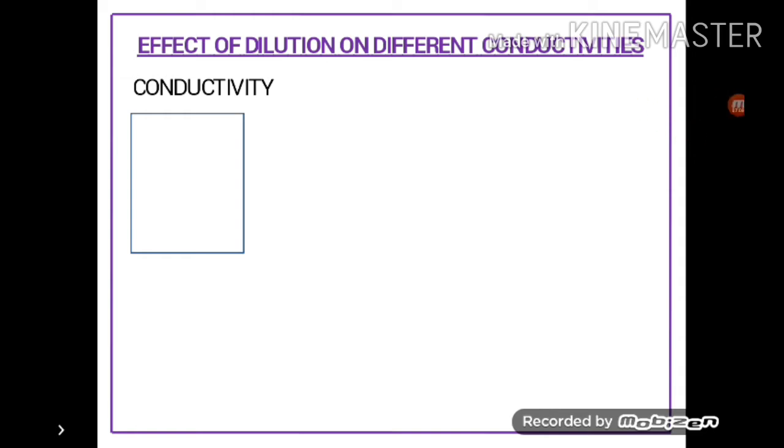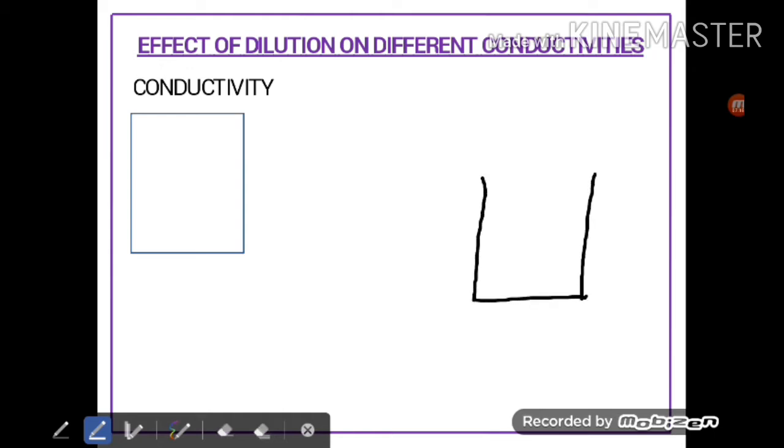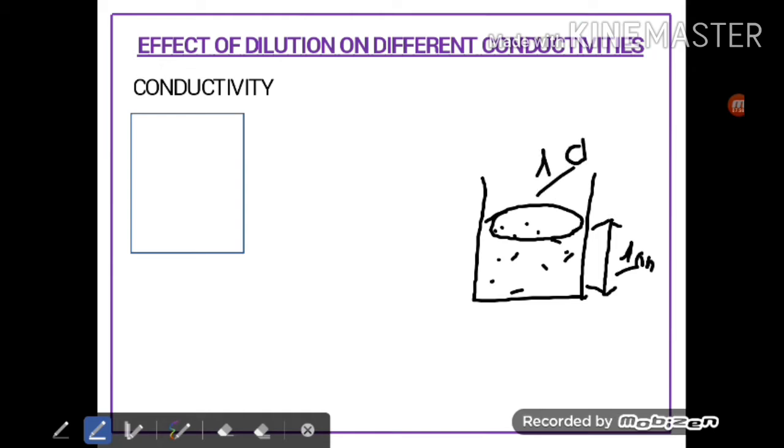Okay, so here in case of solution it is quite difficult to make. So what will we do? If we are taking this beaker, suppose we are filling water here. If the height of this water is 1 centimeter, and the area of cross section is 1 centimeter square, then in this condition the volume of the solution will be 1 centimeter cube, or we can say 1 liter.